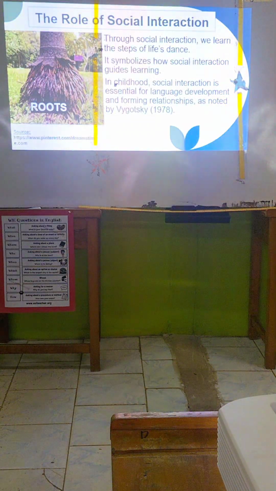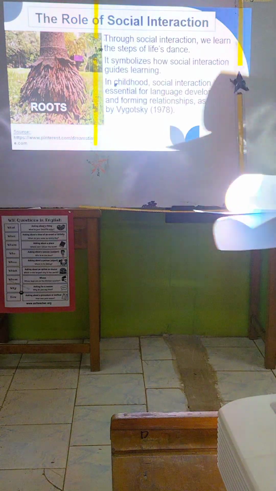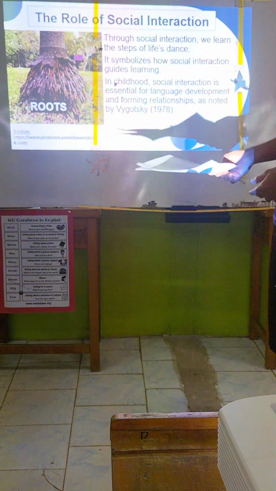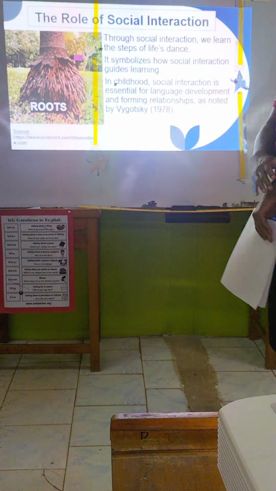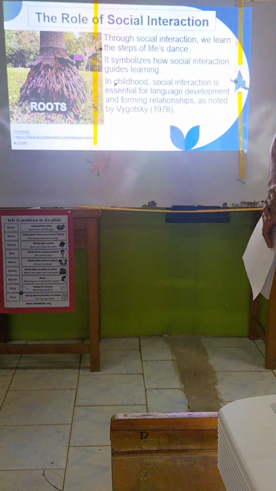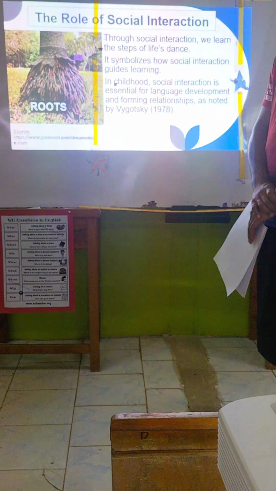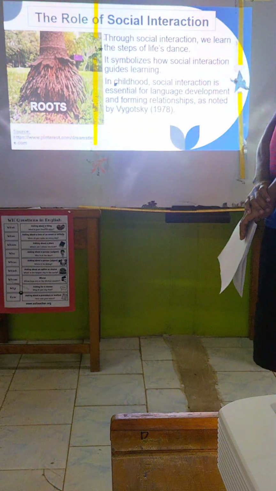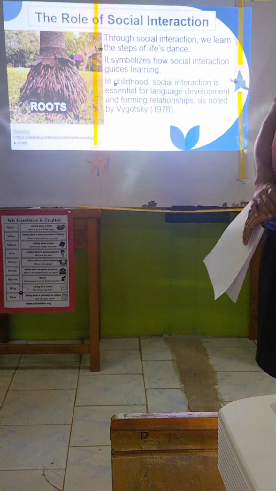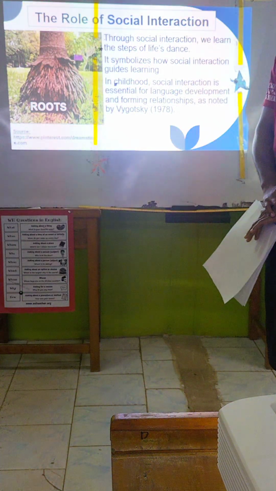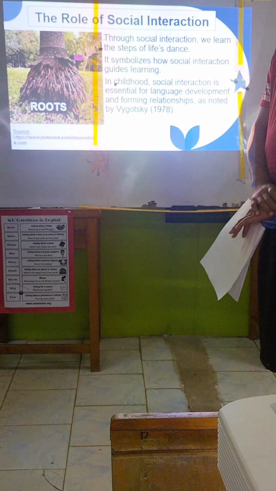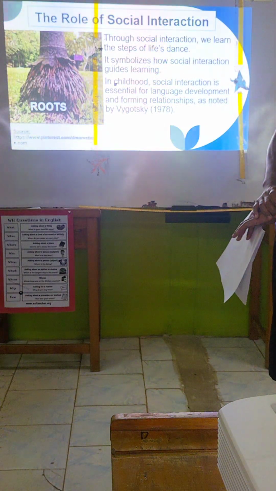The role of social interaction. Okay, through social interaction, we learn the steps of life's dance. As you can see, I use the roots of the coconut trees to symbolize how a person or a child develops.